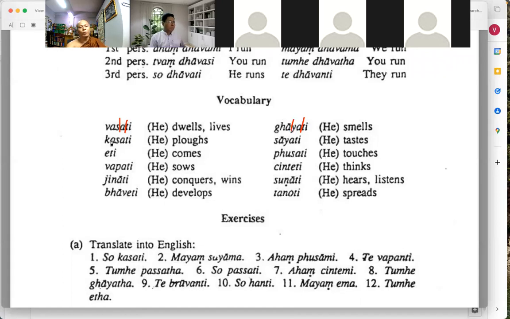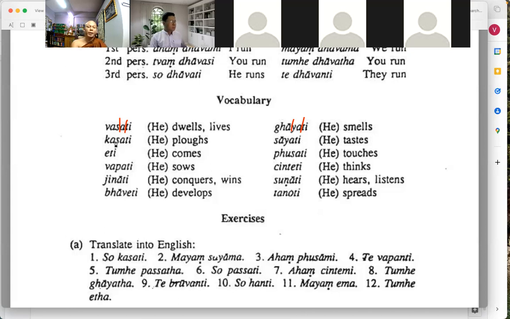In the same way, the root Kas: kasati. He plants; a farmer plants the field. So to grow something, some plants. Kasati: if we remove the ti, we have the base kasa. Here the only possible sign is a.